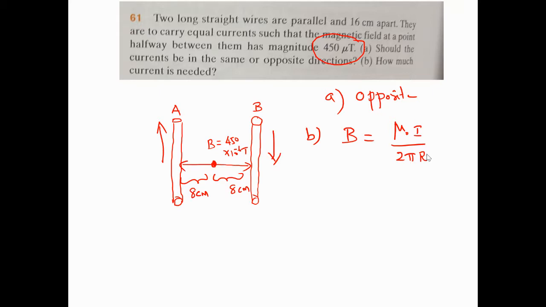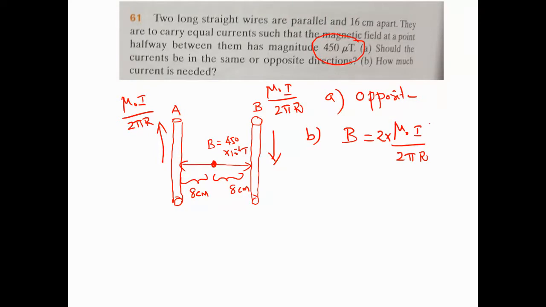We have two. That means you have to multiply by 2 here, because each wire has the same formula. The wire A has mu naught I over 2 pi r, and the second wire also has mu naught I over 2 pi r, because both are straight wires. That's why I just multiply by 2. Clear?